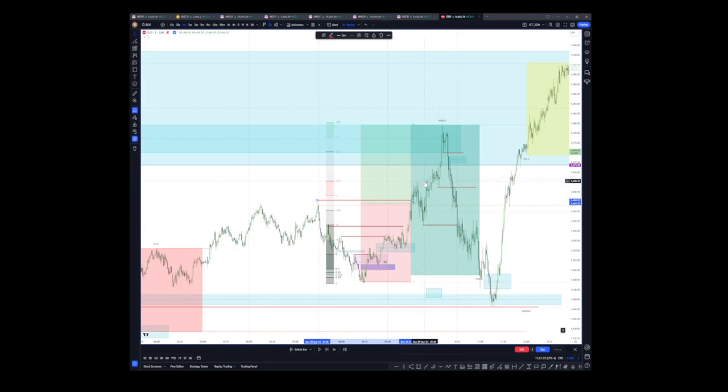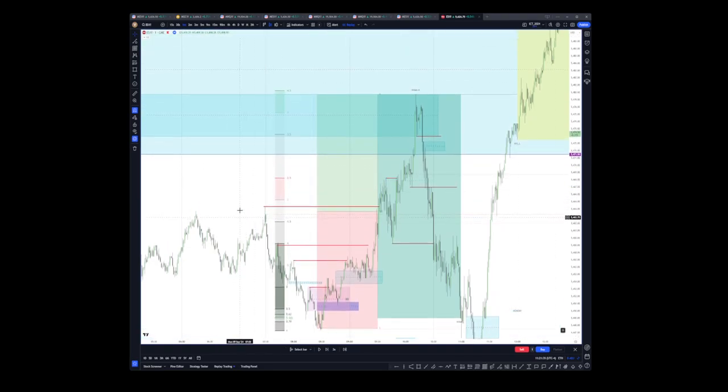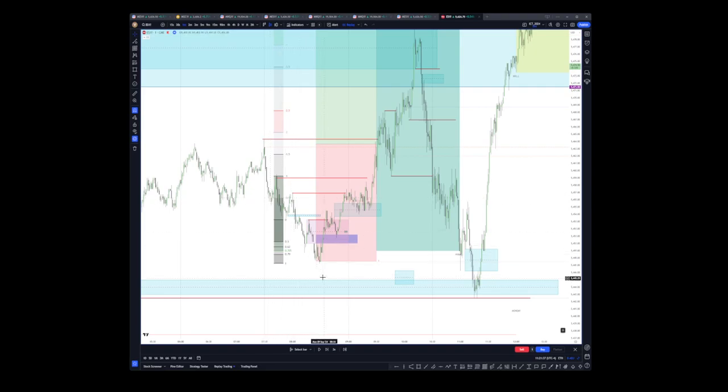Or you can even look at this as a minor market structure shift. So what is the logic behind that? I know you explained, but how does a market structure shift on the left side impact the right side? When we say market structure shift, it basically means, I talked about the sell side of the curve and the buy side of the curve. So this was essentially the sell side of the curve. The market was going in the bearish direction.